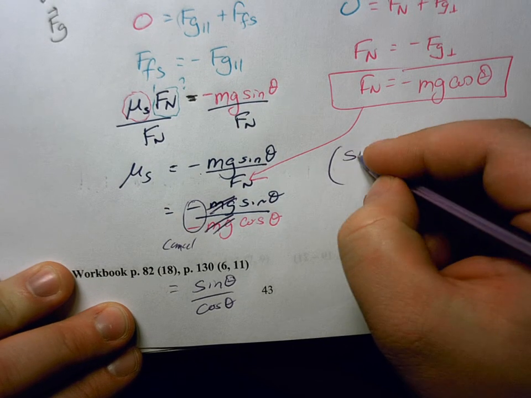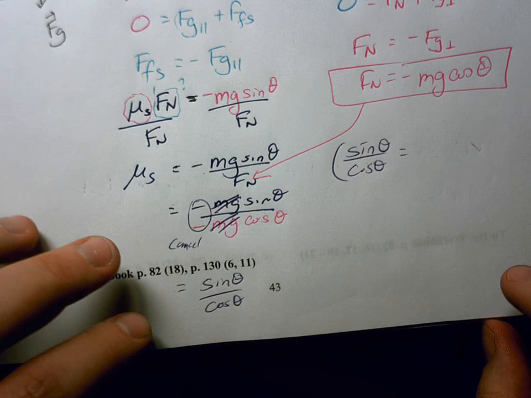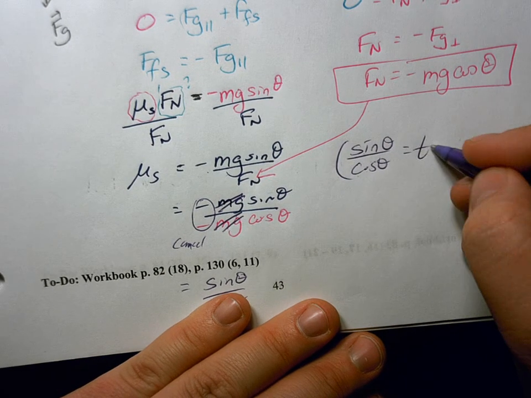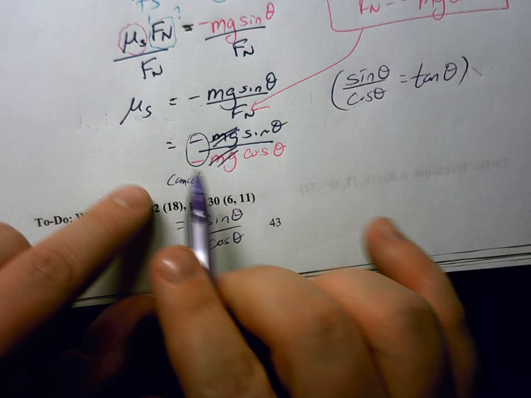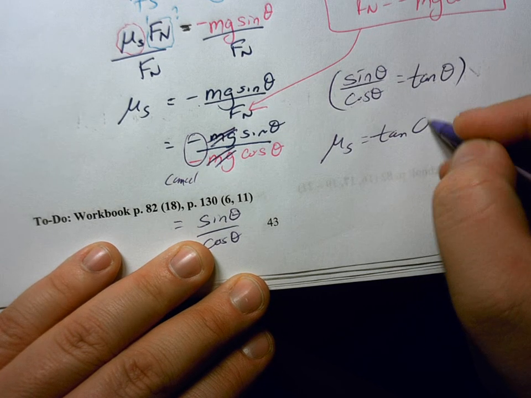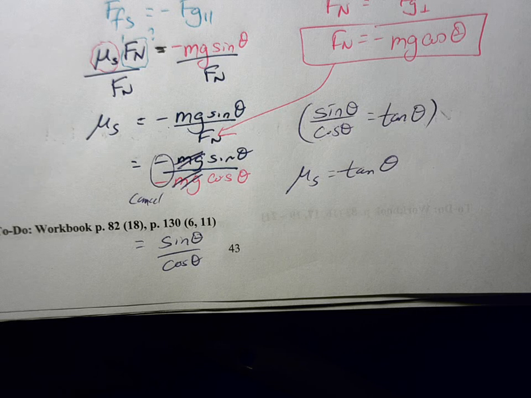If you don't know this, because it depends on what math course you've done up to this point, the ratio of sine theta divided by cosine theta is actually equal to tangent of theta. So what we've gotten is that this coefficient of static friction is actually equal to the tangent of the angle. But if you did sine theta divided by cosine theta, that's perfectly fine as well.